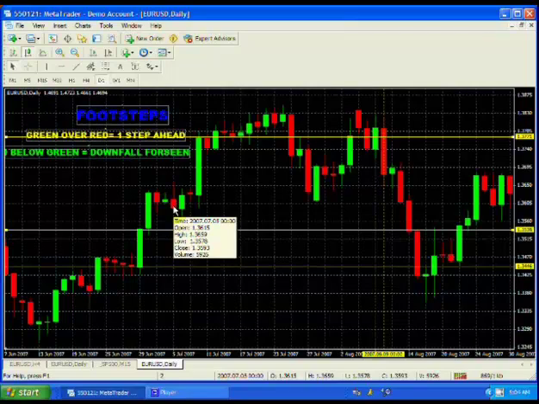Now why is that? That's because we have an inside bar here, but this is also an outside bar for this support bar.